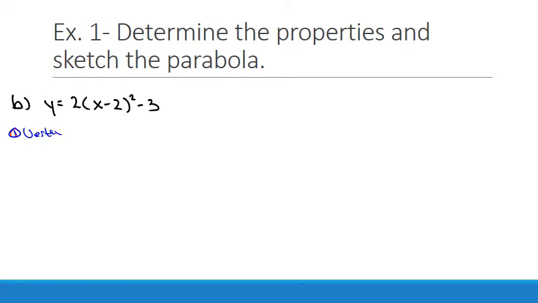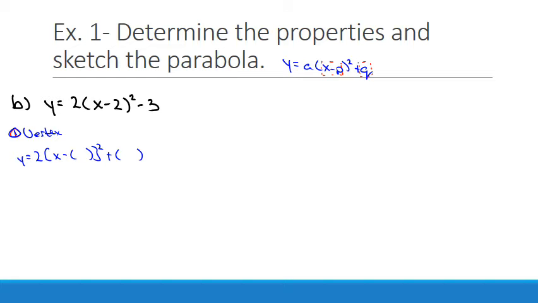Okay, so to find the vertex, again, I'm going to write this the way it is written in the perfect form here. What I'm getting at is, if I write out vertex form, notice that it's always x minus p and then plus q.